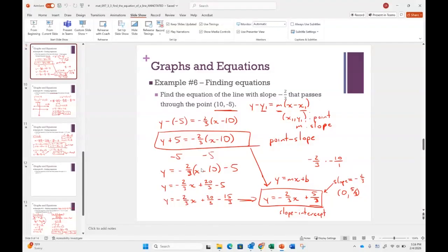So if I get a question on an exam, can I use slope-intercept in all the questions? Unless I tell you to give me point-slope. Be careful, be ready to interpret either one of them. I'll tell you.